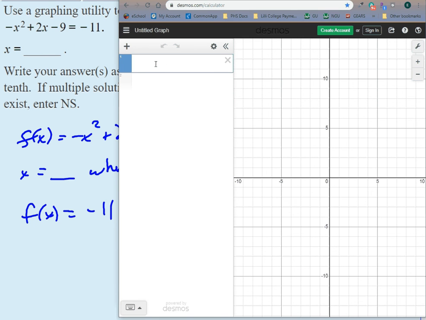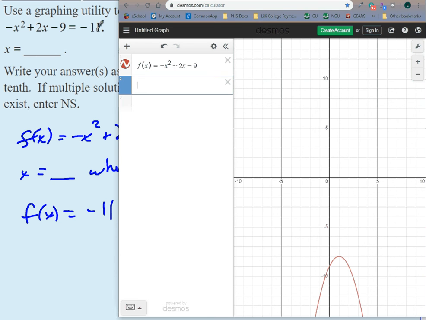Well, let's graph the function and see. If I graph the function f of x equals -x² plus 2x minus 9, and then I want to know where is f of x equal to -11?